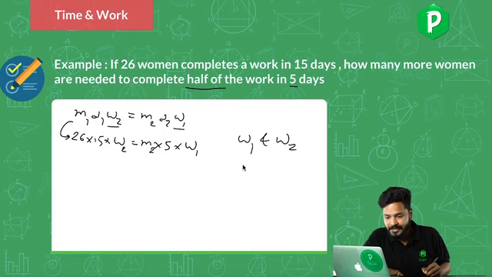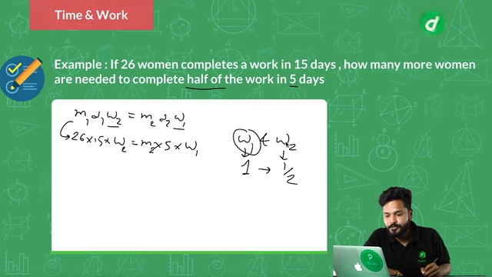So if I say my W1 is 1, then my W2 is 1 by 2. Because the first case has twice the work of the second, since in the second case we just have to complete half of the work. So if I assume W1 is 1, my W2 would become 1 by 2. We'll just place it in the equation here.